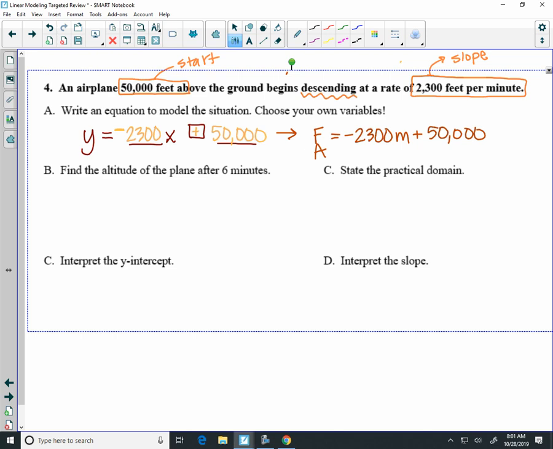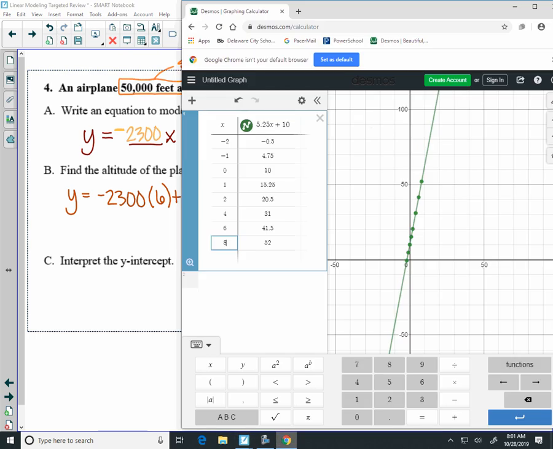Find the altitude of the plane after 6 minutes. So we're going to put 6 in for our x or our m then. And you can put that into Desmos just as it is.